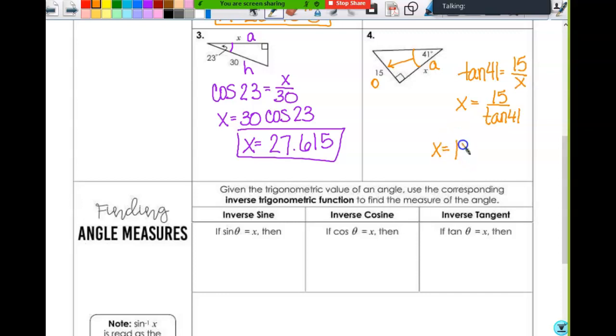So did you get, what, 17 point what? Did it go too fast? Okay, yeah, 256.